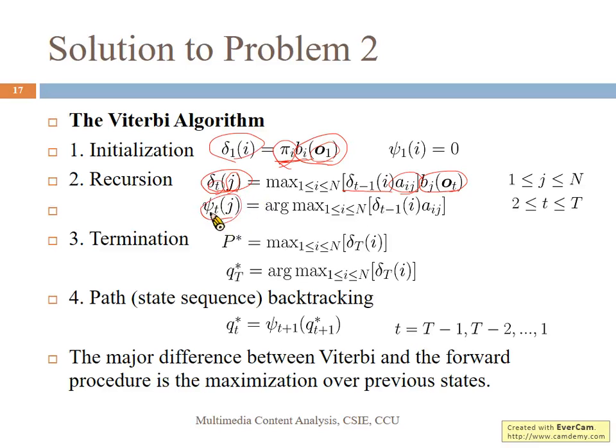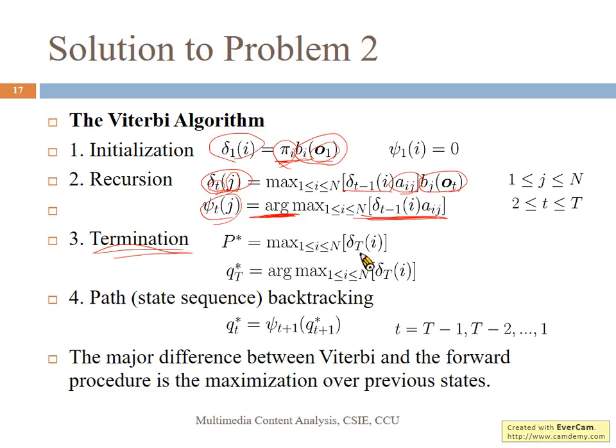And psi t(j) stores the argument that generates delta t(j). That means we calculate the highest probability and store the state that causes the highest probability at time instance t. And finally, the termination step.